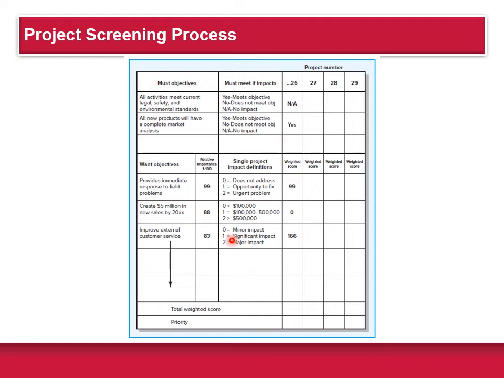Some firms do these, some don't. Then you've got what are called want objectives. These are things you want the project to do, with the requisite scoring, and then you have the total weight. So these are another way to do a project screening process.